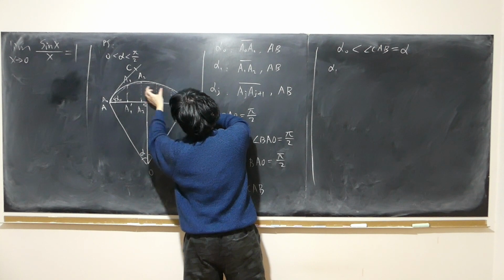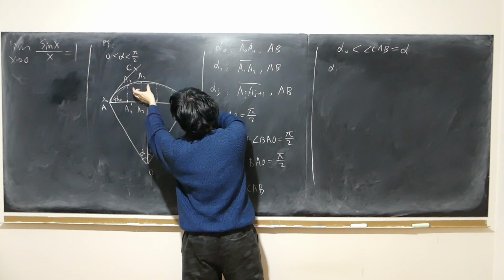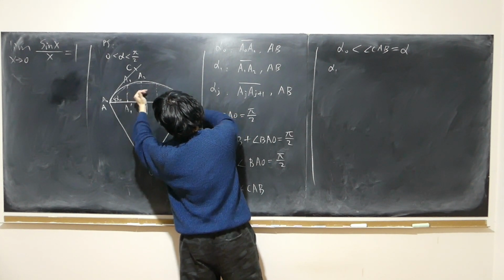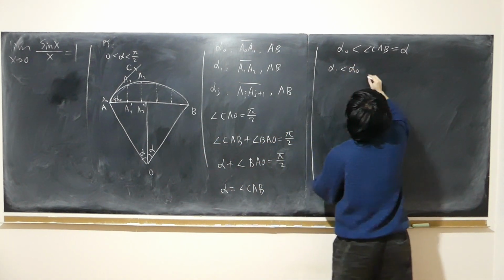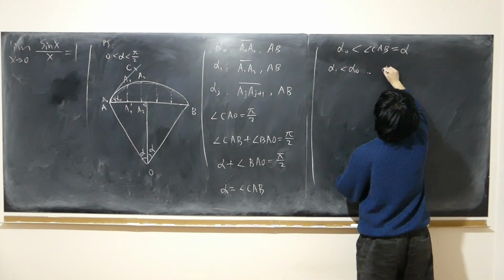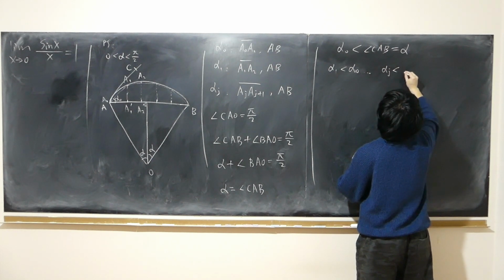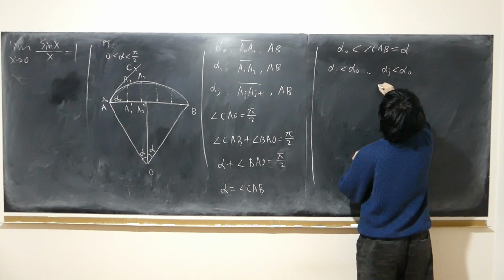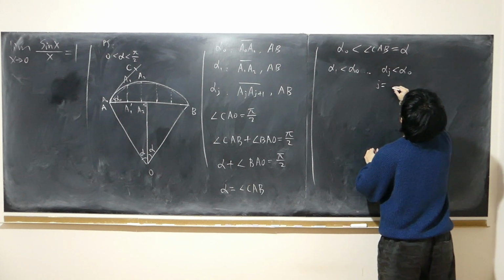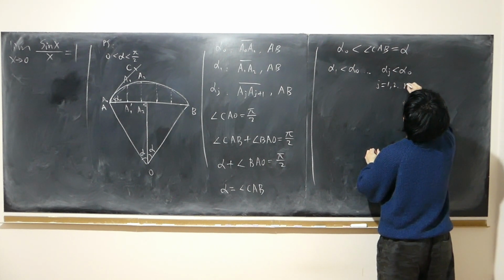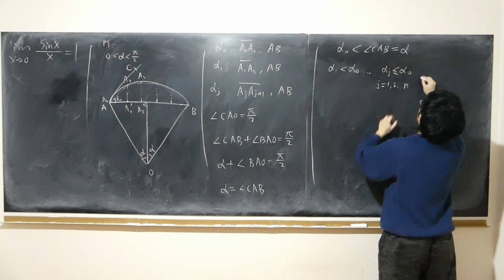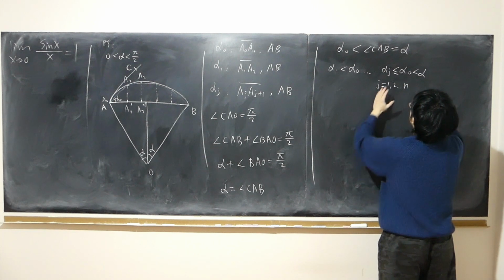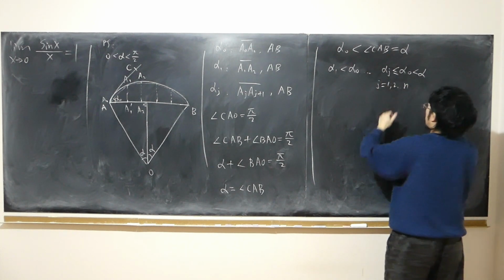Of course, every alpha is smaller than the first alpha, alpha naught. In general, alpha j is smaller than or equal to alpha naught, j from 1 all the way to n. Alpha naught is smaller than alpha. So every alpha j is smaller than alpha. So we're fine.